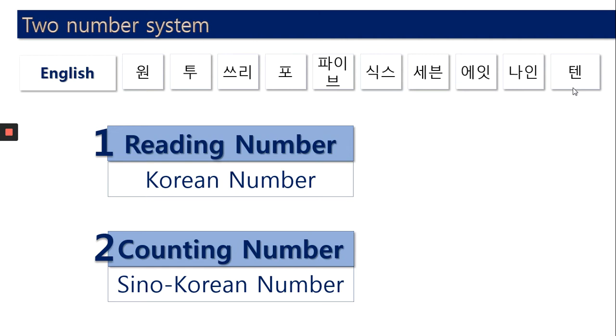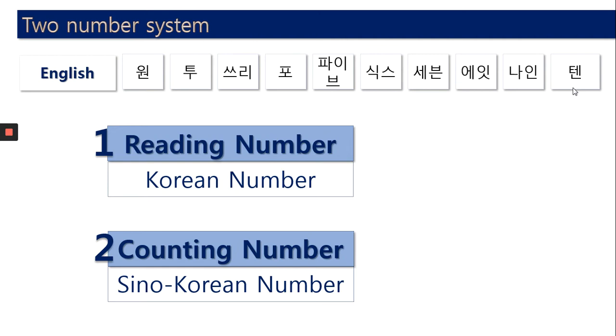This number system is from the Chinese language, but the pronunciation is different and spelling is also a little different. So I don't want to use the word Sino. From this class, I will call the 2 number systems by other names.